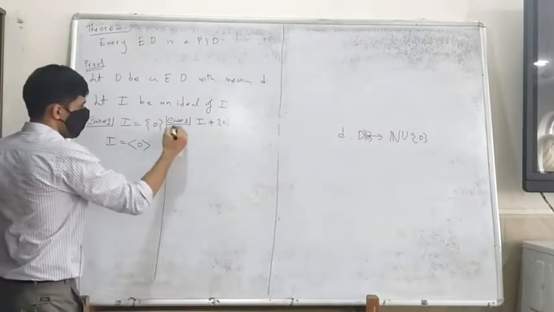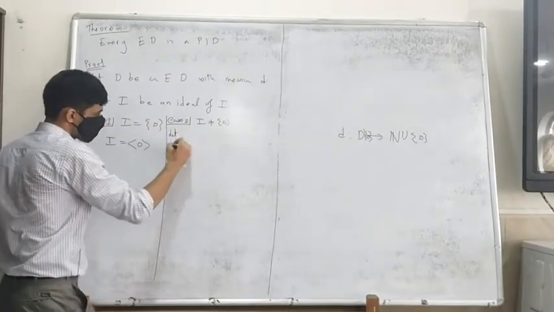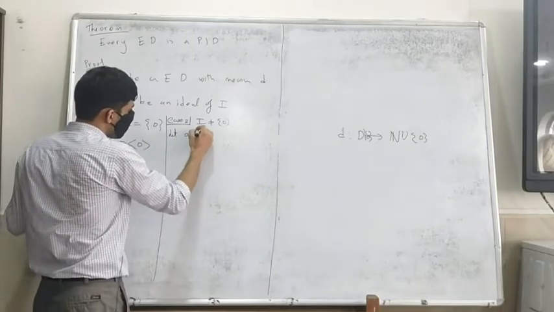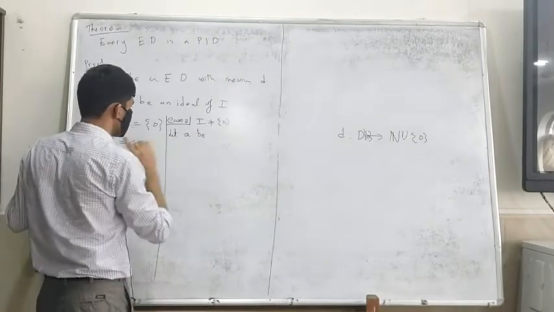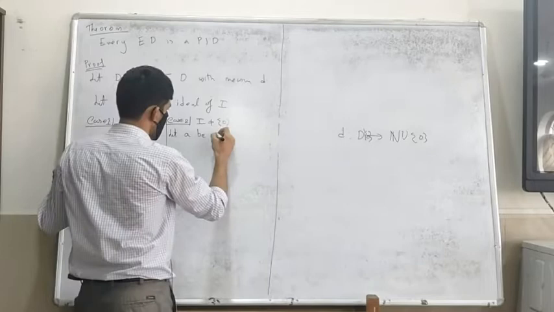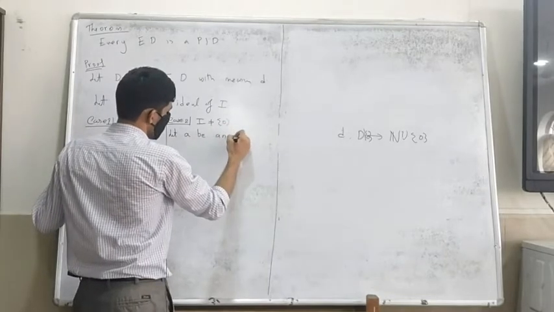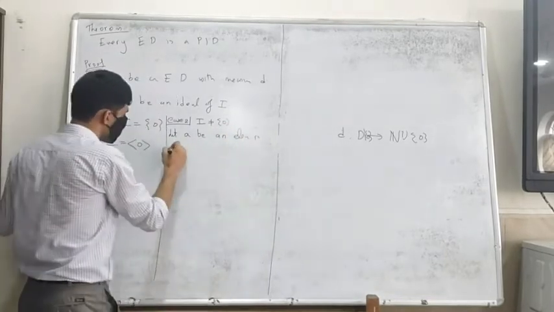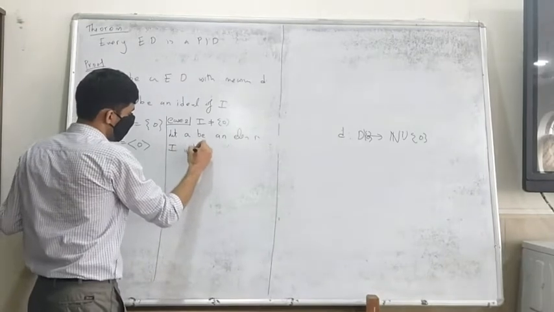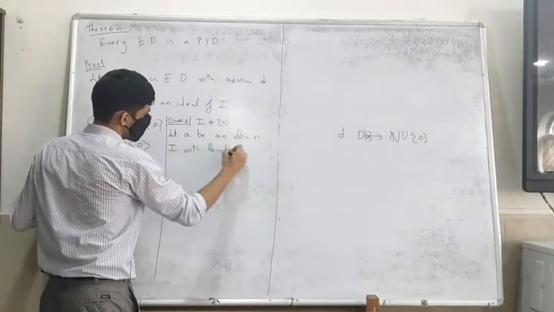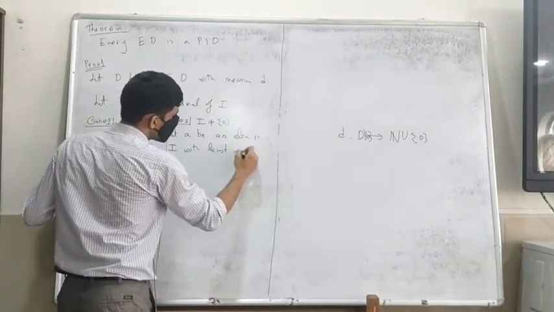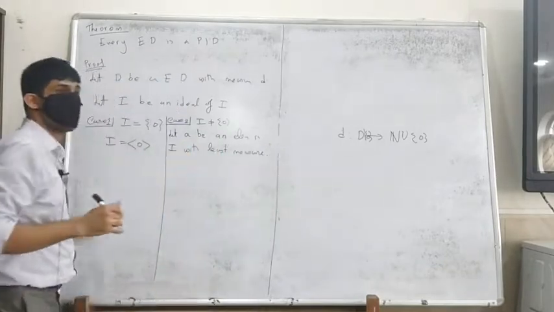Okay, so let A be an element in I with least measure, and we can do this by the well ordering principle.